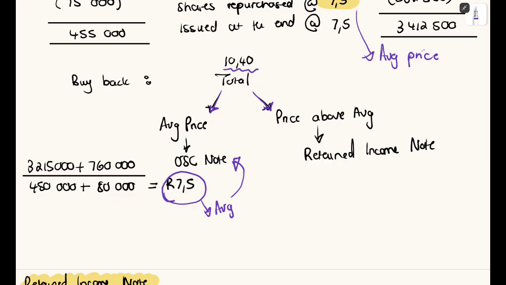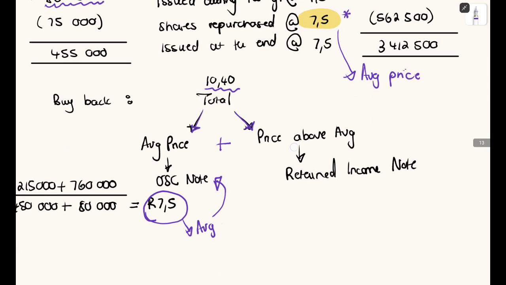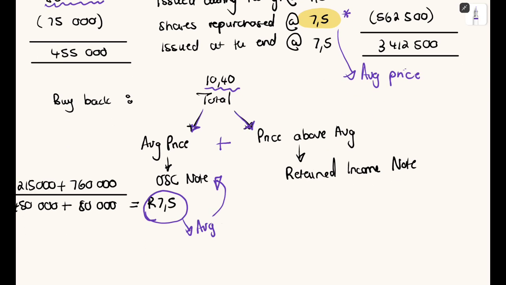The 10.40 is made up of your average price plus your price above average. So I take my 10.40, which is the total that I paid, minus the 7.50, which gives me 2.90. And that 2.90 is what I'm going to take to my retained income note for my shares repurchased.